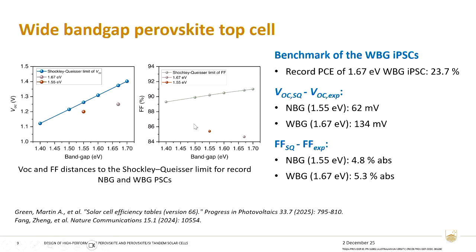But if we look at the performance of this wide bandgap perovskite, 1.67 eV, in the chart, compared to that of the lower bandgap 1.5 or 1.55 eV, we can see that the efficiency lags much further behind the SQ limit. As you can see, the VOC loss of the wider bandgap is more than 100 millivolts versus just around 50 millivolts for the lower bandgap.